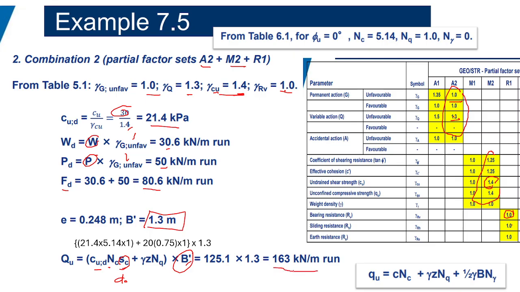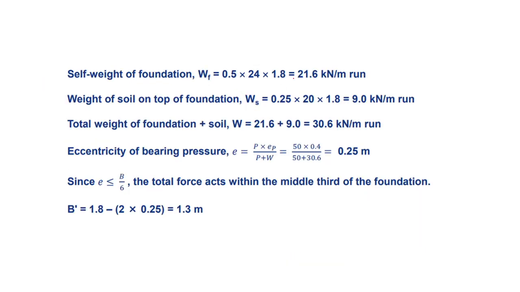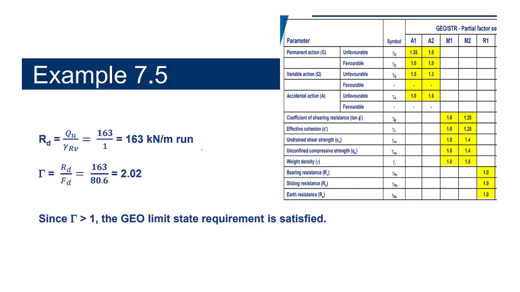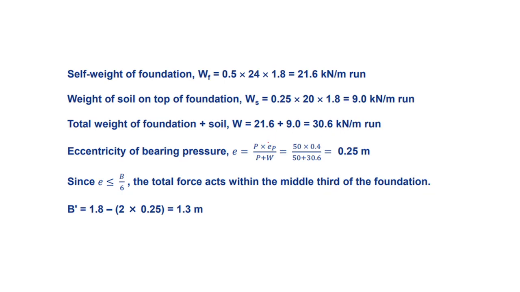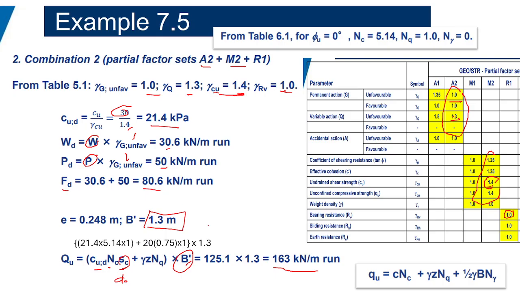Now we get the value for the factor of safety for the resistance. This is how we calculated earlier, just to show the loads and the weight of the footing. This is the bearing capacity, the eccentricity, and the adjusted bearing capacity. We calculated already the ultimate bearing capacity, and the actual bearing capacity, or the resistance.